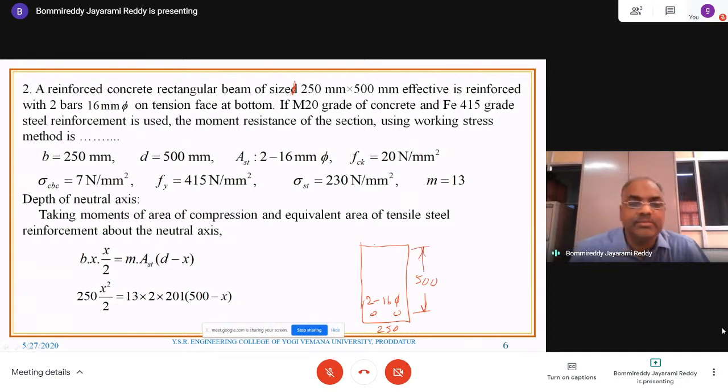M20 grade of concrete means fck 20 and sigma CBC 7. And steel reinforcement 415, fy is 415, sigma ST is 230.